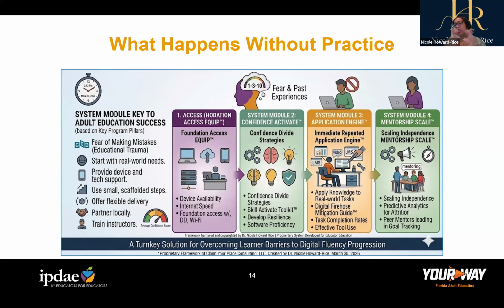System module 2, we got the confidence activator. So now we've got bridging the confidence divide from the top down. That's from you to the learner. That's from the person that runs the program down to the program coordinator, down to you, and then to the learner. And then all of the district level or leadership staff that support and provide professional development for you. And then we have the skill activator toolkit that I'll be creating, and that'll be coming out.